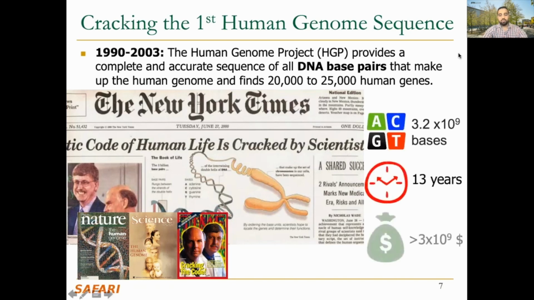And as we mentioned last time, it's really expensive. It took 13 years to get the first draft, and it cost $3 billion at that time. The length of the reference genome is around 3 billion characters. Although there were some gaps and unknown locations that were hard to read at that time, especially around the telomeres and the chromosomes, which are very challenging locations.